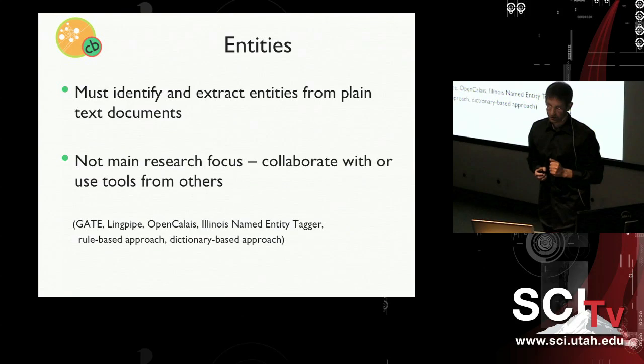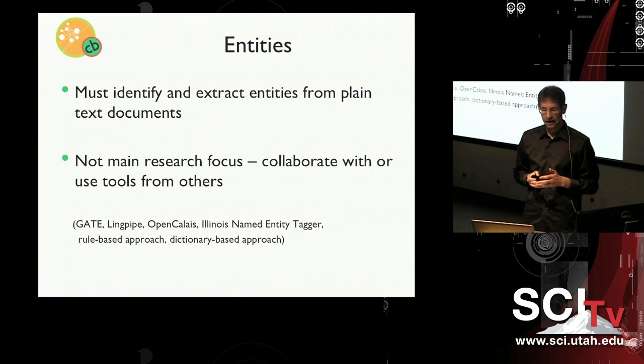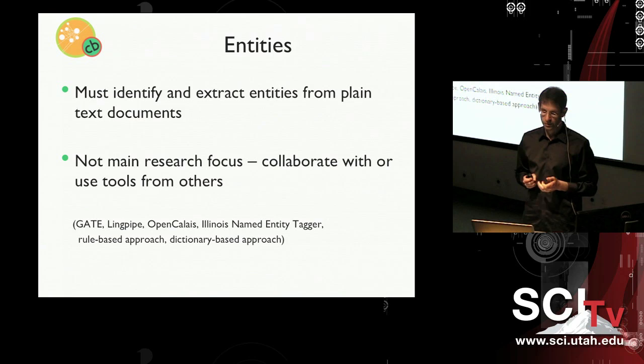And one really important point is to automatically identify entities of interest in those document collections. And that's really not my main research expertise, and therefore I collaborate with lots of researchers in different domains that have the expertise to do that, and I integrate different tools that can automatically identify entities of interest.